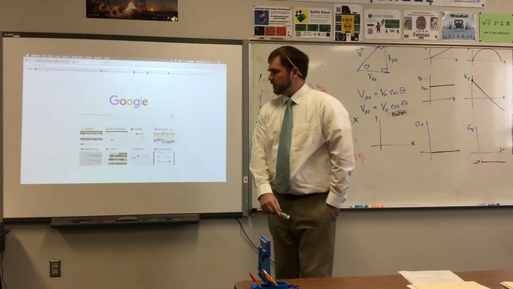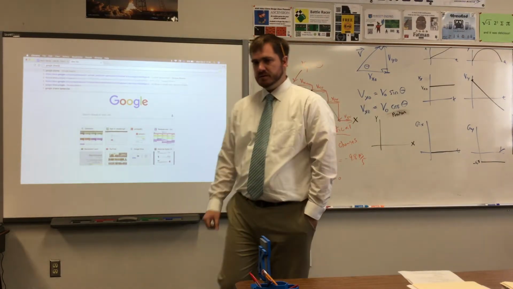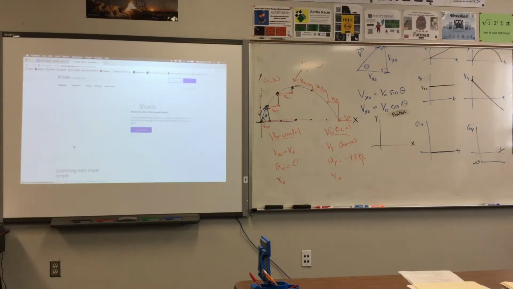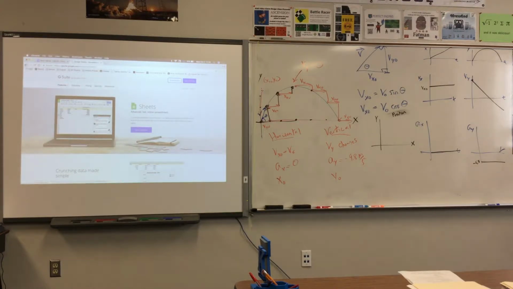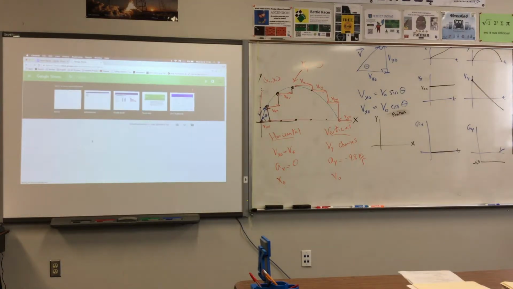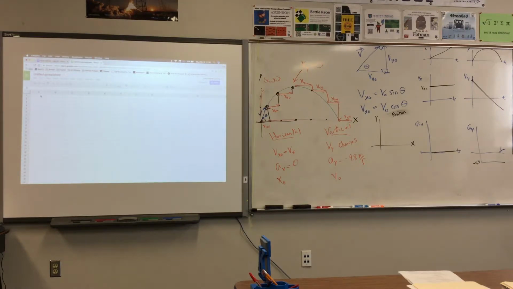Yep, we're going to go to Google Sheets and paste those values in there, and we're going to make a scatter plot, and we're going to find the equation. Do we need time too, or just X and Y? Just X and Y. We're going to make a scatter plot. Just the X and the Y, because that's what we're going to be plotting.